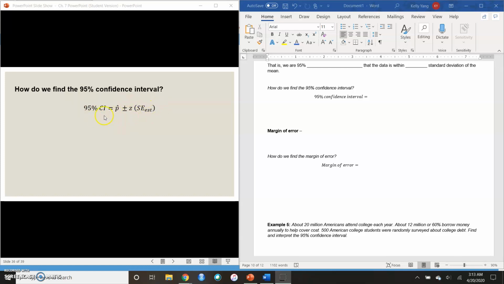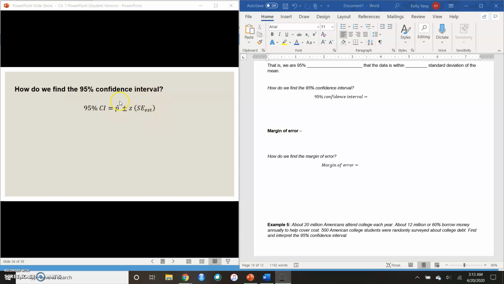This is not the complete formula yet. I'm going to add one more thing to this formula to make it complete. So here, our confidence interval is going to be p hat plus or minus the z-score times the standard error estimated.